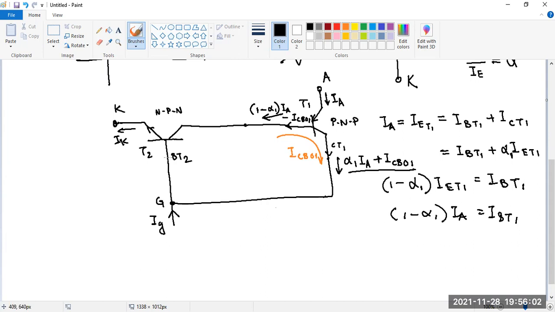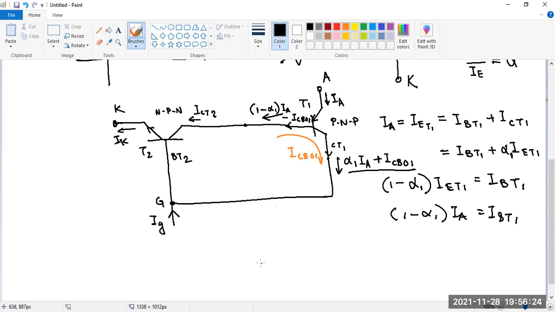Here the collector current is flowing through this. So this is the collector current IC2. What is the value of this collector current?